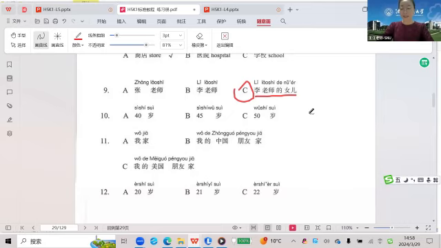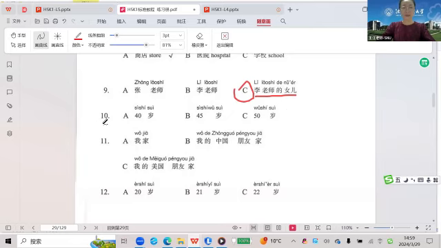So the sentence we heard is 李老师的女儿今年4岁了。The question is 谁今年4岁了？So Teacher Li's daughter is 4 years old, and the question is, who is 4 years old this year? According to the sentence we have heard, we can make the right option. C is correct, right? 李老师的女儿.